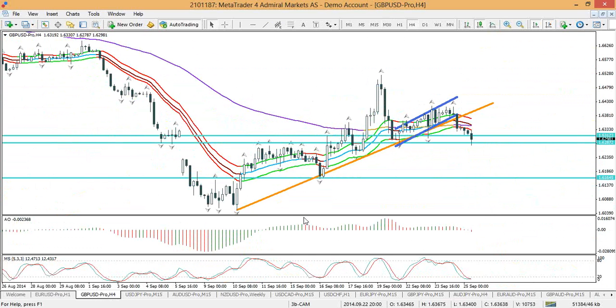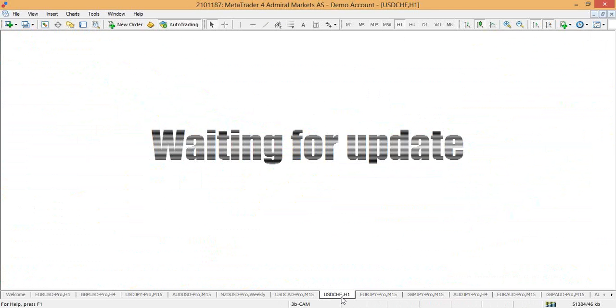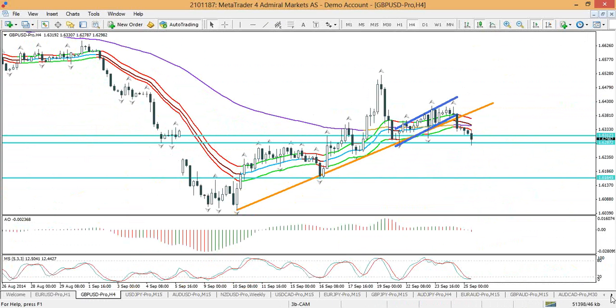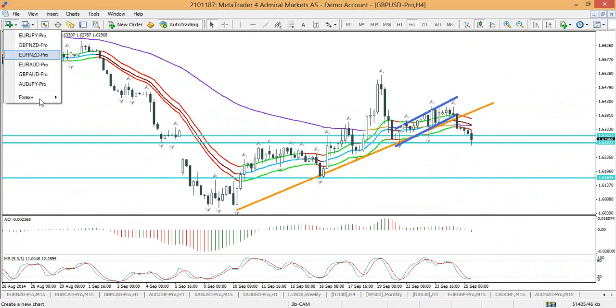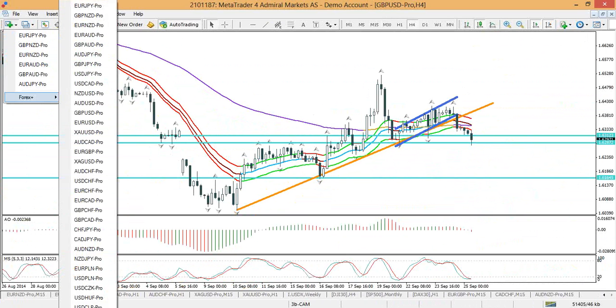Dollar Swissy, let's take a look. Obviously, if a currency has already moved very far, let me open the dollar Swissy.